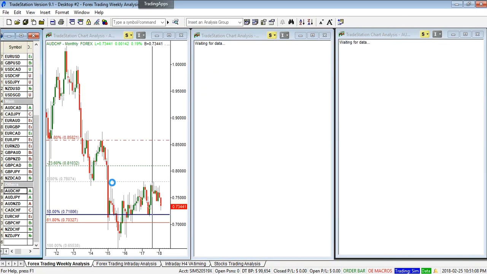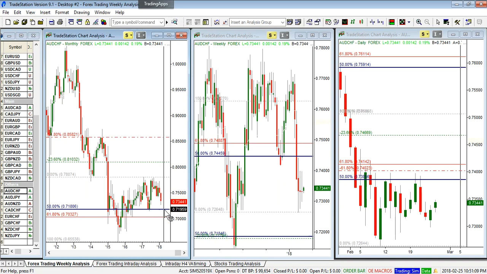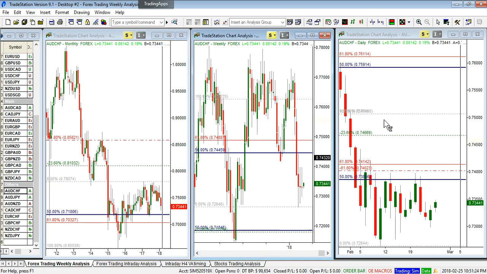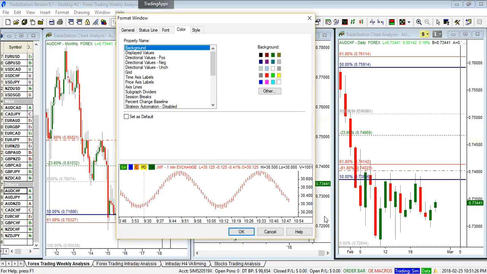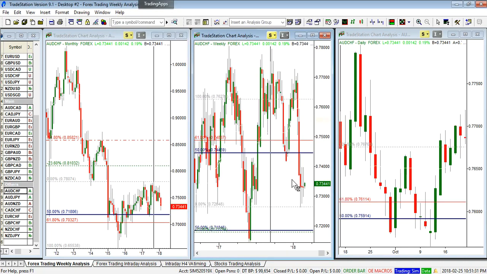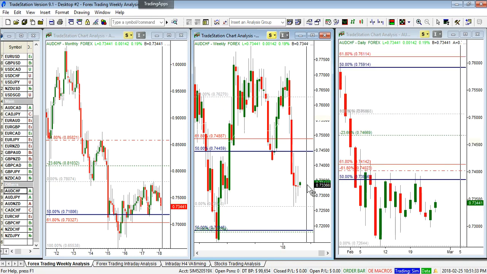Let's move to the Australian dollar Swiss franc here, and this market on the monthly has the 71.80 that has been holding here, and for the first time the market was not able to print higher highs, and it's coming back to retest that level. Before doing that, this market might react, and that's what we are seeing here, a potential reaction.